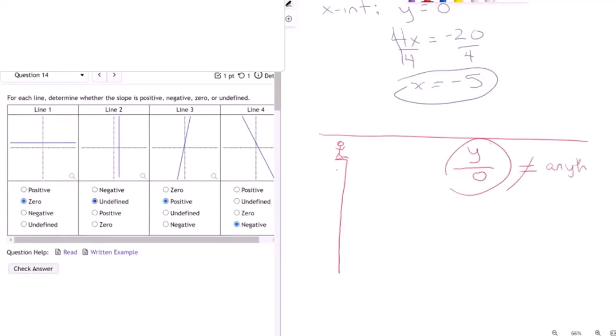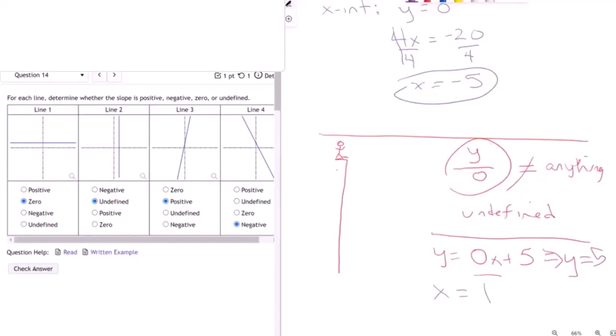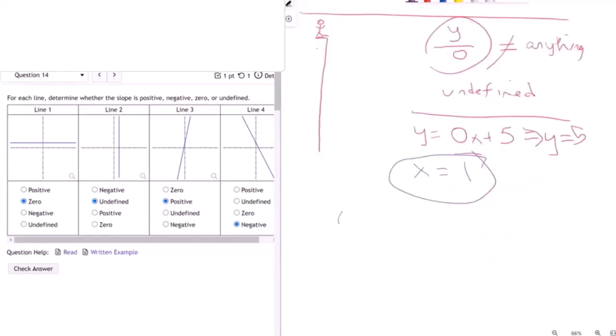Undefined, okay. And we know that y equals 0x plus 5. Our slope here is 0, which is y equals 5. But for the undefined, this one would be x equals 1. We just make it x equals some value. What is y when x equals 1? 0.